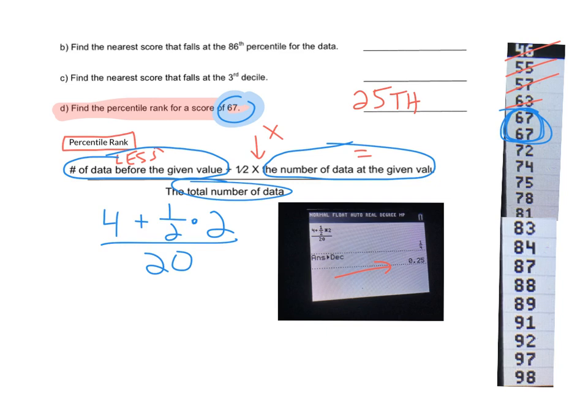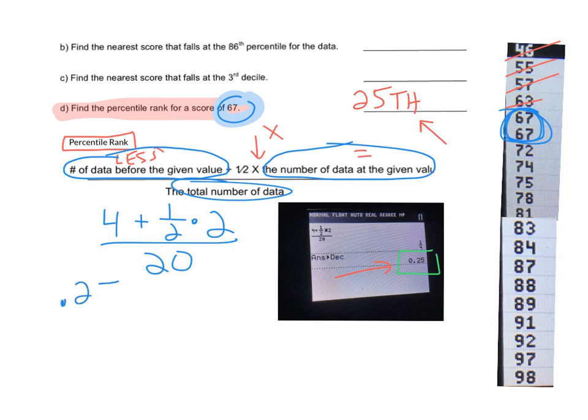Now, a couple things. First, make sure you write 25th, and not 25%, because in statistics, those things mean different values. And then second, you always have to remember that you round up if you get past a certain percentile rank.